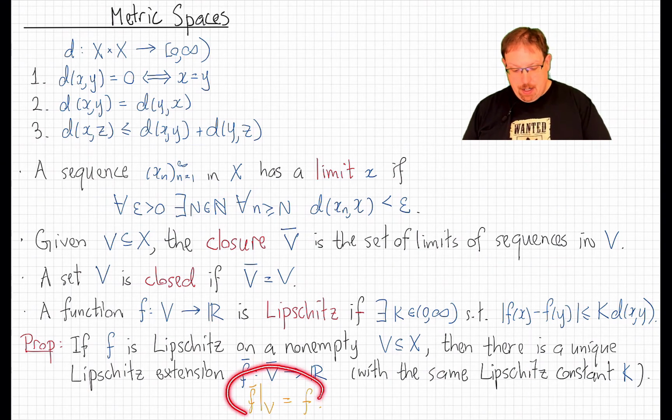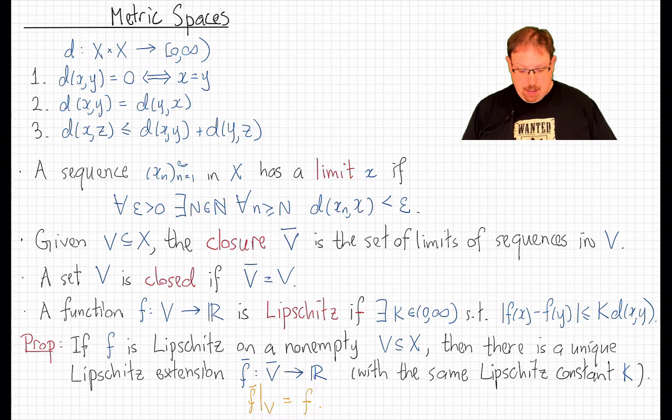Extension, of course, meaning this, that the restriction of that f bar function to the original V is the original function f. And indeed, the extension will have the same Lipschitz constant k. So it would be great if we could turn 2 to the omega into a metric space adapted to the premeasure mu. That's not quite what we're going to be able to do, but it's close.